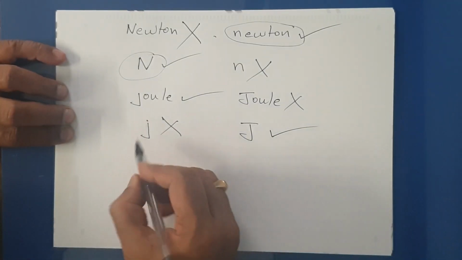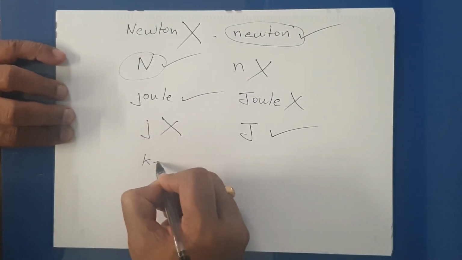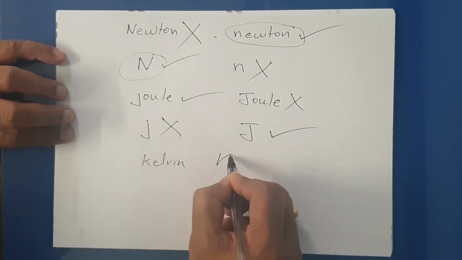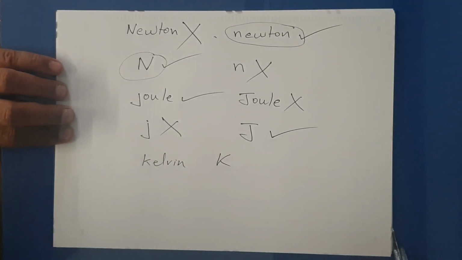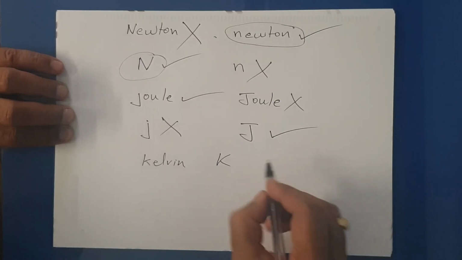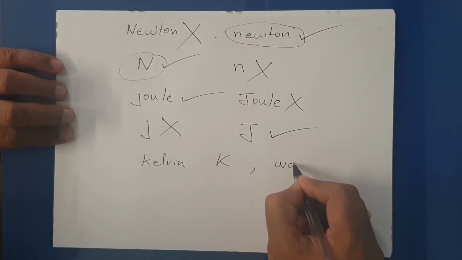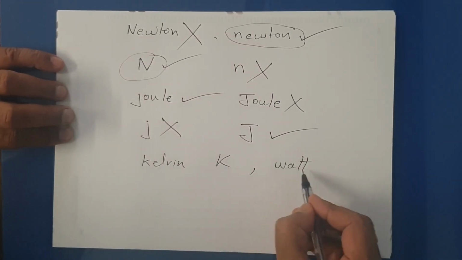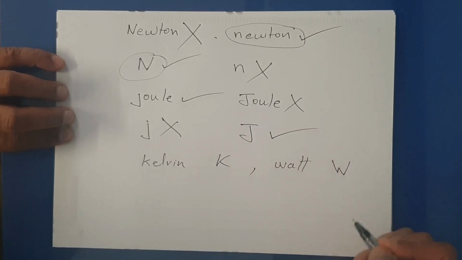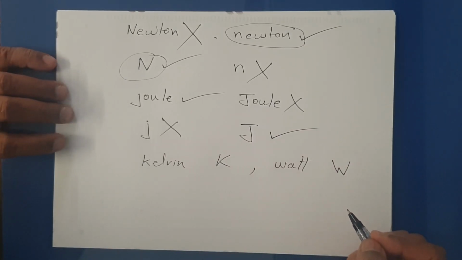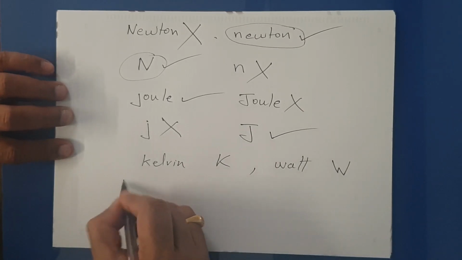Okay. Example, another one, kelvin, symbol capital K. Watt, which is a unit of power, symbol capital W. Pascal, which is a unit of pressure.